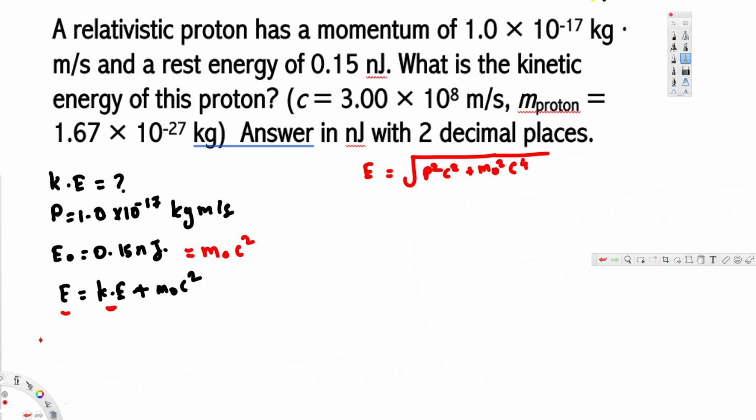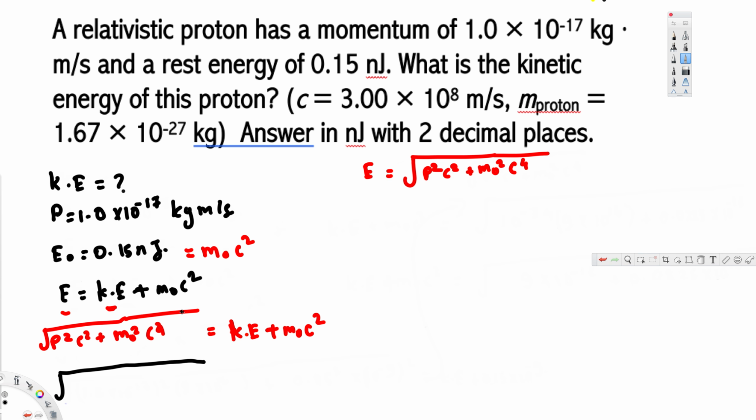Now let's go ahead and do that. This is going to become the square root of p square c square plus m naught square c power 4, that's equivalent to KE plus m naught c square. Now let's go ahead and plug in the values. Here we have the momentum square.